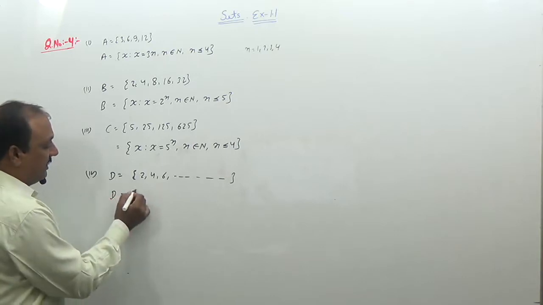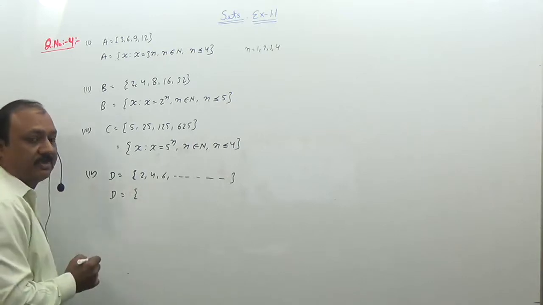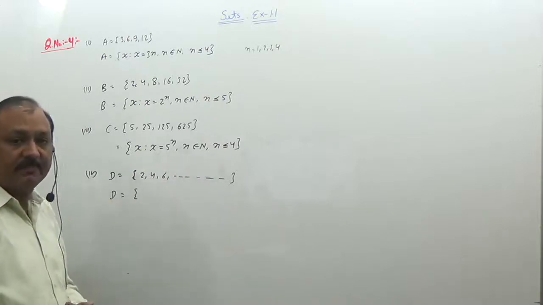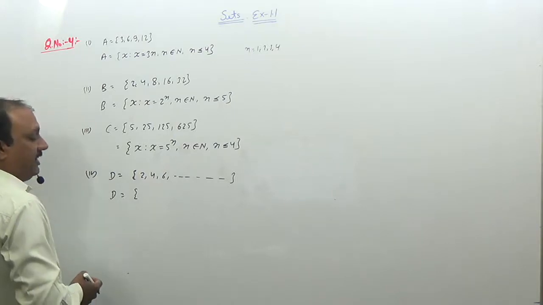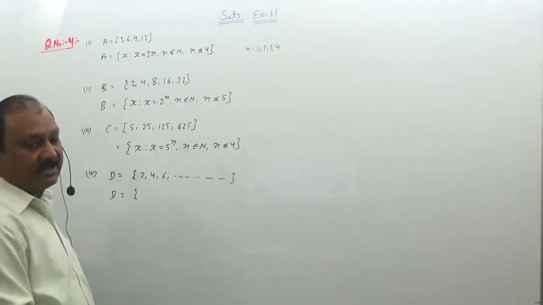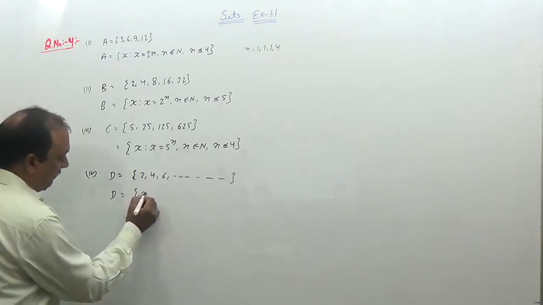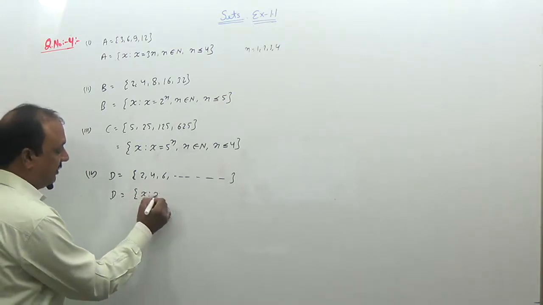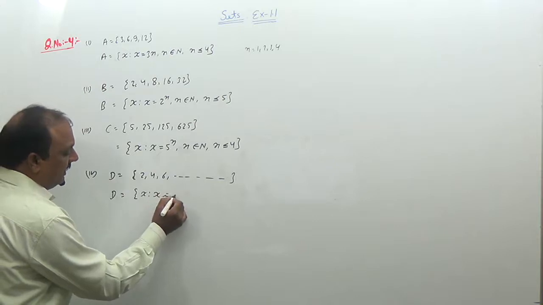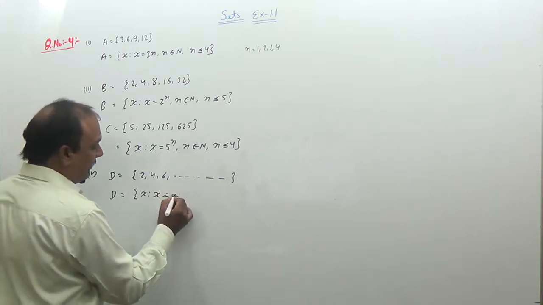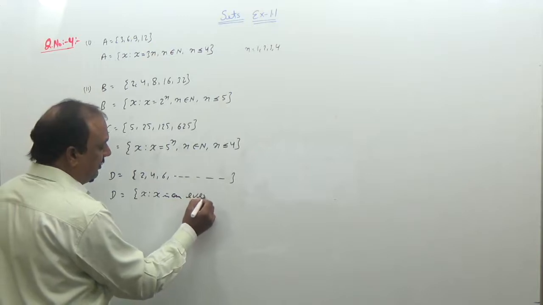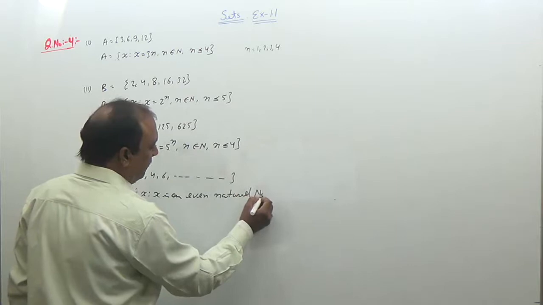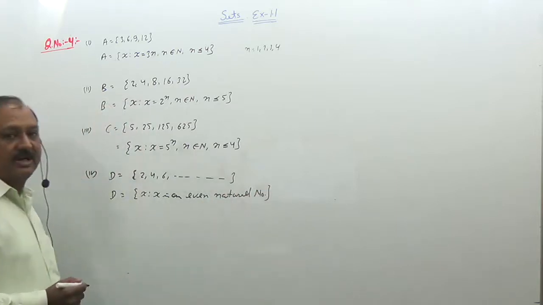When we observe the elements of this set, we see that the number of elements is infinite, and they are the even integers, or even positive integers, or we can say the even natural numbers. So its set builder form we can write as x such that x is an even natural number. So this is a set builder form.